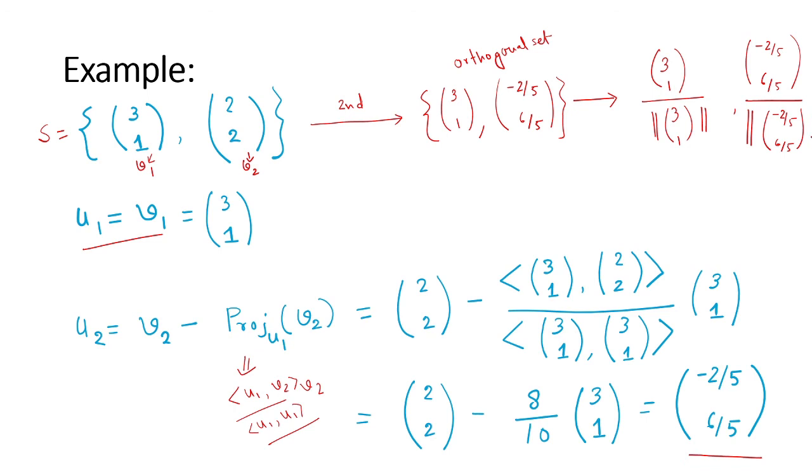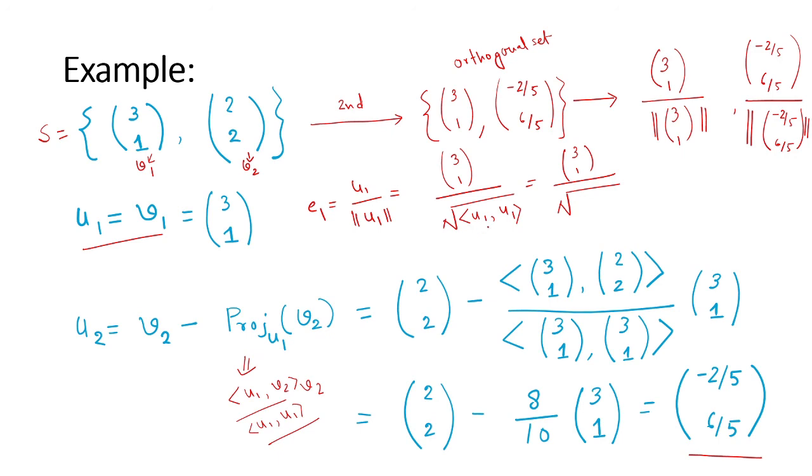Let's calculate. For the first vector, e1 equals u1 by the norm of u1, which is basically (3, 1) as it is, divided by the norm. How was the norm defined? Norm of u1 is nothing but the square root of the inner product of u1 and u1, right? How was the inner product defined? This is (3, 1) divided by the square root of (3, 1) with (3, 1) component-wise.